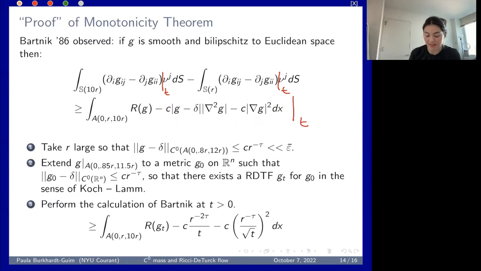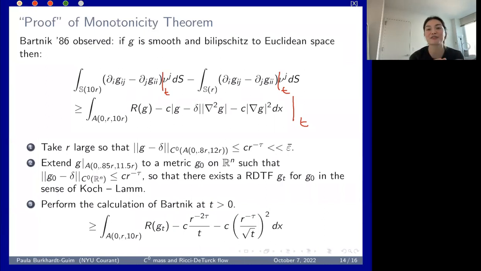I don't get that much control, but at least I have control that looks like C over root t. And so what I need to do now is make sure that I run the Ricci-DeTurck flow for long enough so that I get good enough control here to carry out this calculation of Bartnik.